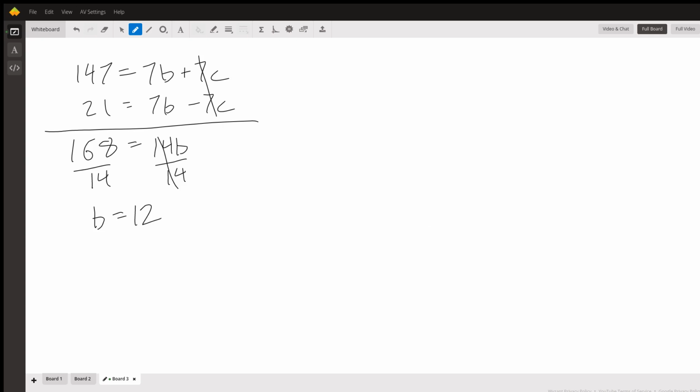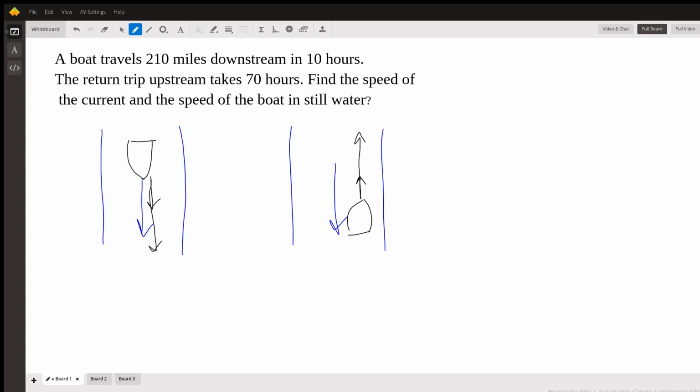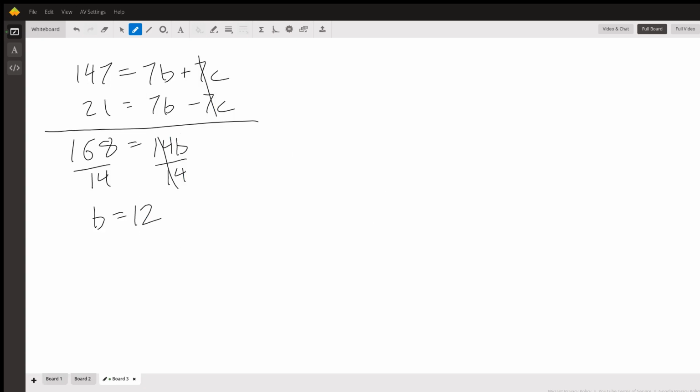What would the units of that be? Well, our distance was given to us in miles, and our time was hours. So this would be miles per hour. And that's the rate of the boat in still water.